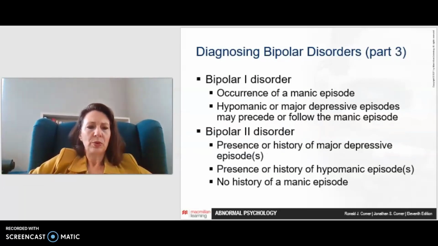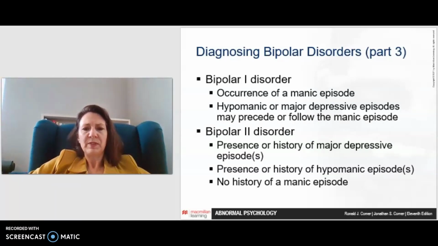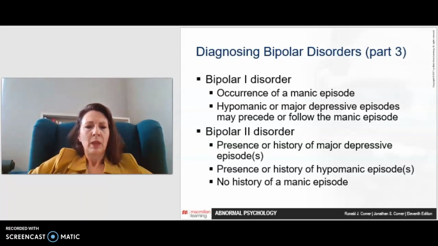Bipolar 1 disorder involves occurrence of a manic episode. There are hypomanic or major depressive episodes that may precede or follow the manic episode. In bipolar 2 disorder, there's a presence or history of major depressive episodes. There is a presence or history of hypomanic episodes, and there is no history of a manic episode.